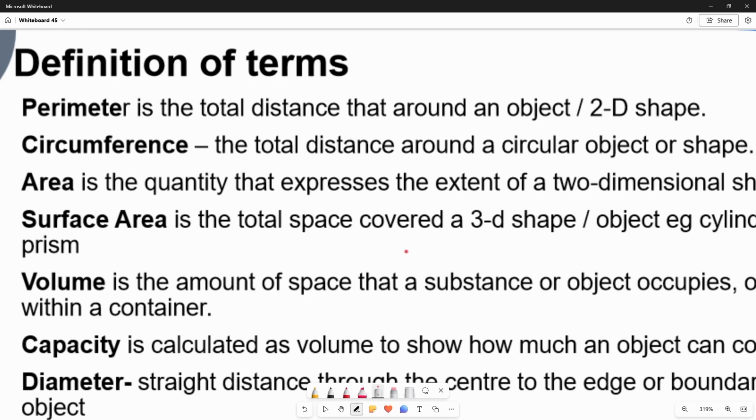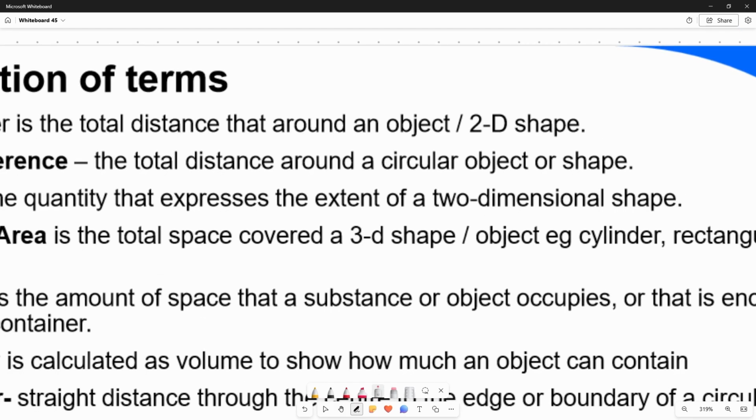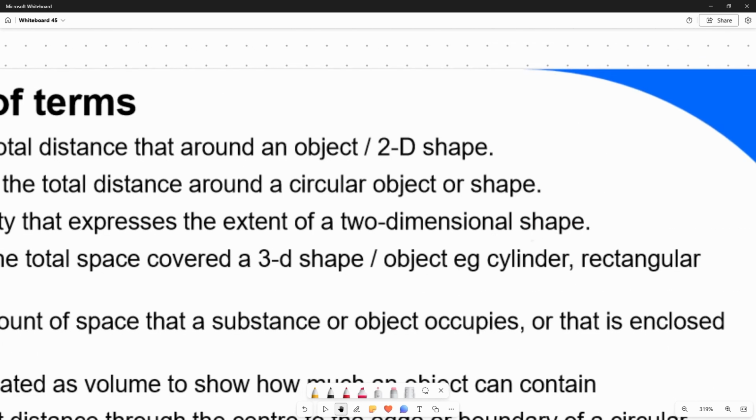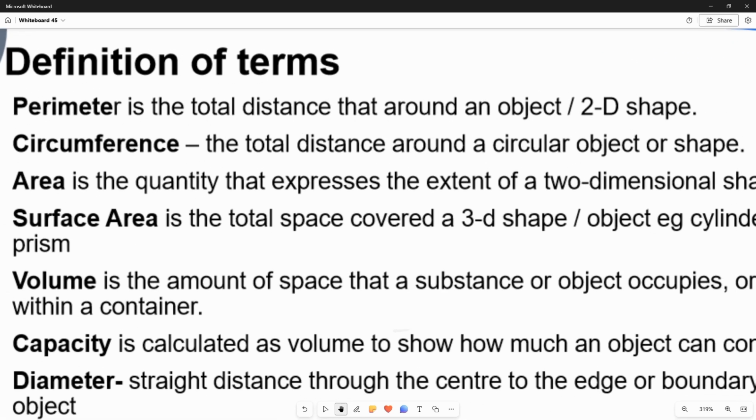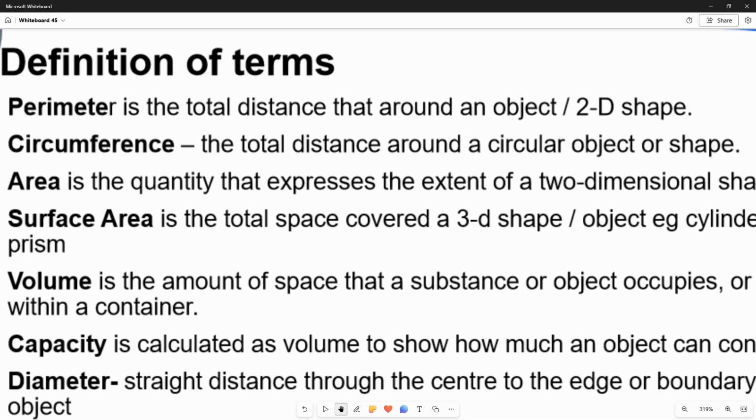So the total space covered by a 3D shape, we call it surface area. Now, the next term is volume. Volume is the amount of space that a substance or object occupies. So look at the difference of the terms we are using here. Let me highlight there.